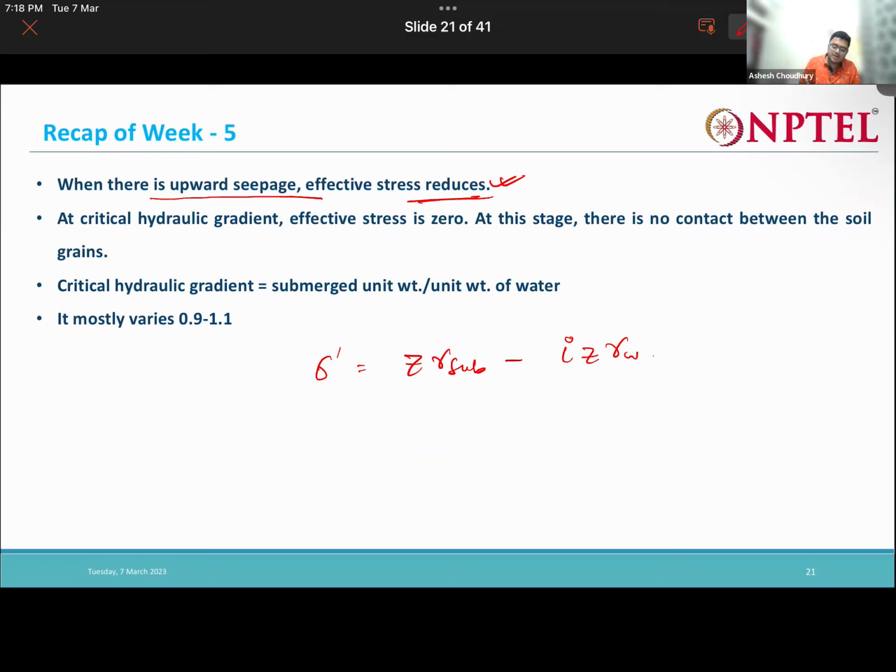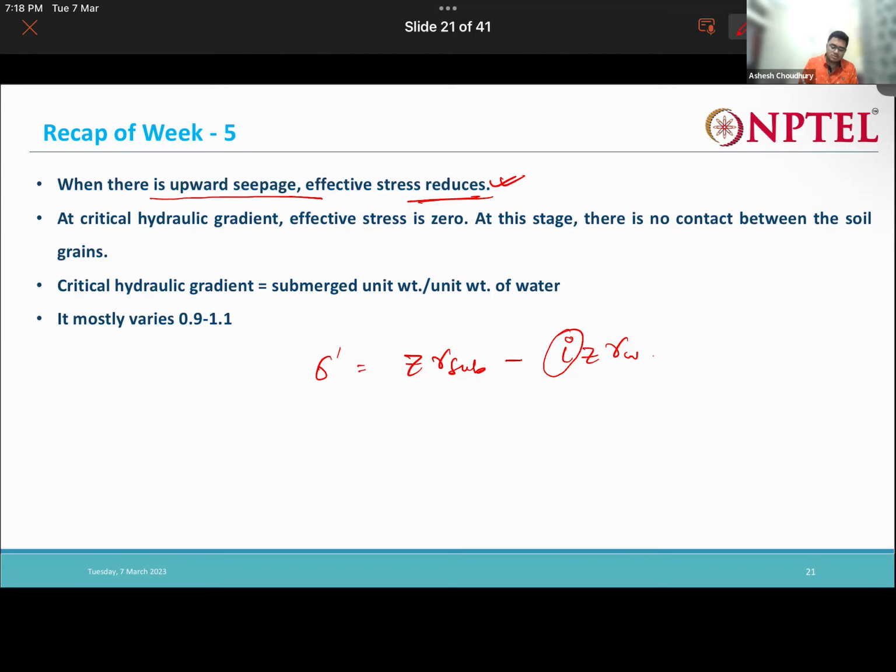The critical hydraulic gradient is the hydraulic gradient i at which my effective stress becomes zero. Effective stress becoming zero means the soil loses contact between the particles, so it cannot take any load and will flow just like water.